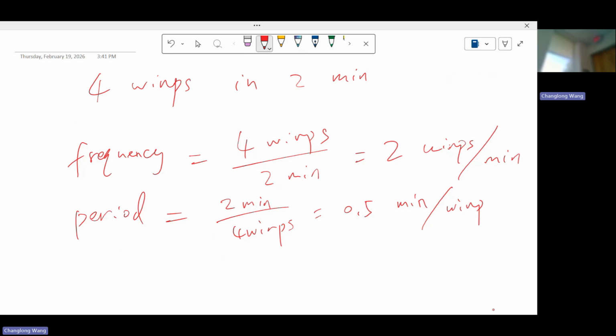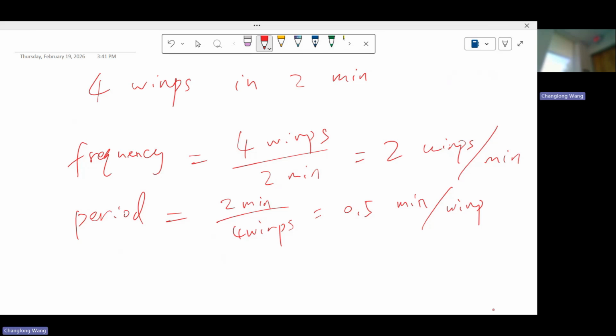Again, just like the leap year, it takes 4 years to appear once. So every leap year, it takes 4 years, right? But the other way around, there will be only a fourth of a leap year every year. So now you see why the period and frequency are reciprocals of each other. Now, for me, even though I do teach physics, I find the period somehow more intuitive.